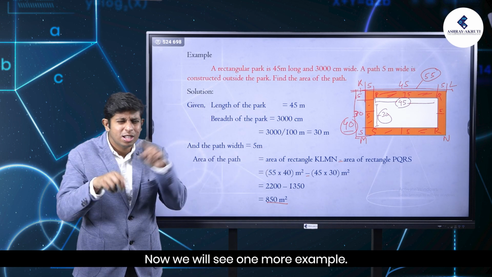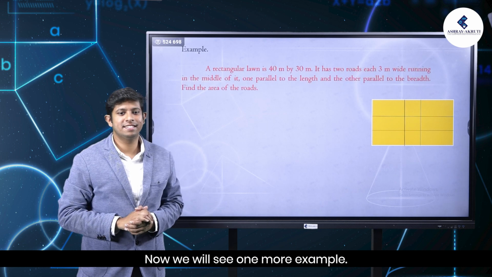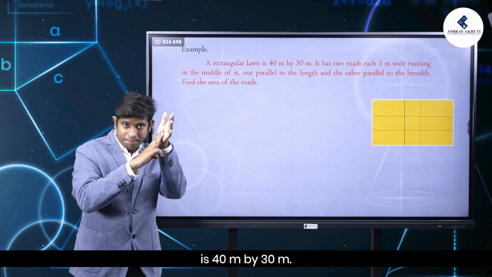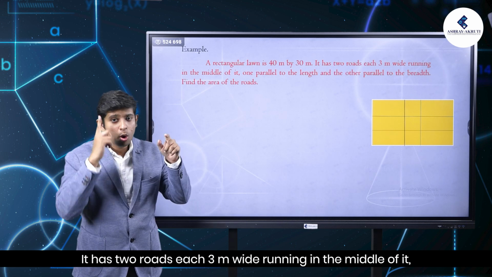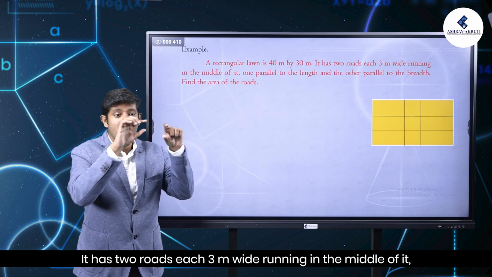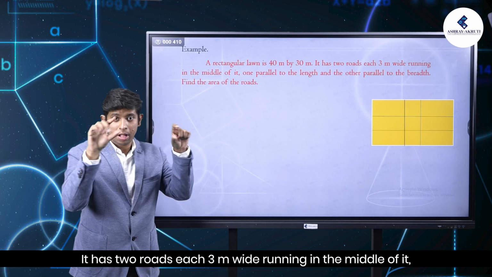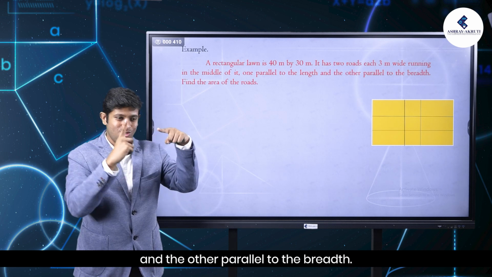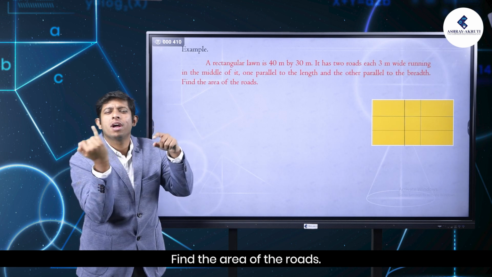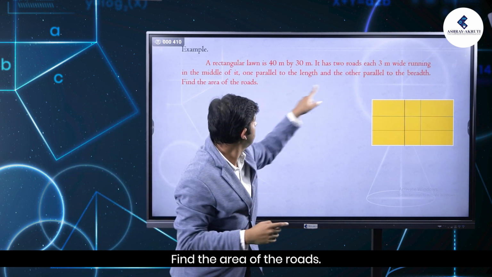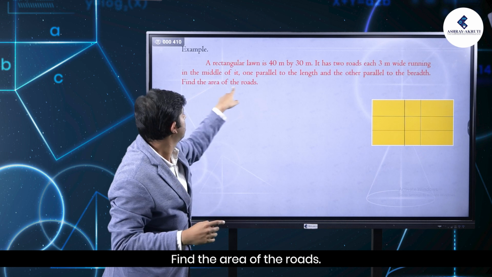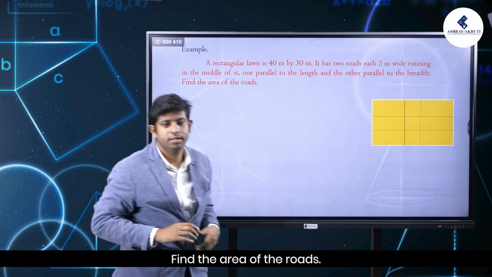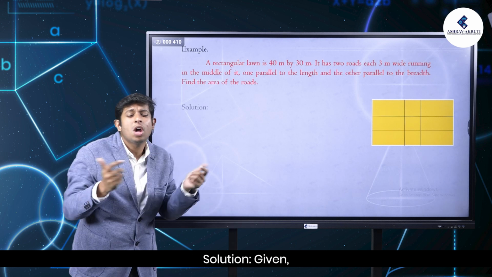Now we will see one more example. A rectangular lawn is 40 meter by 30 meter. It has two roads, each 3 meter wide, running in the middle of it. One parallel to the length and the other parallel to the breadth. Find the area of the roads. Solution.